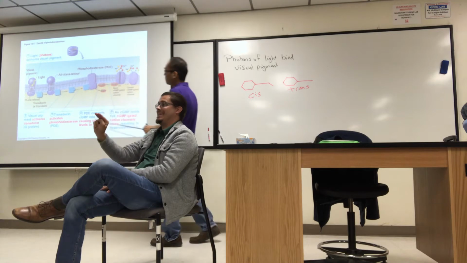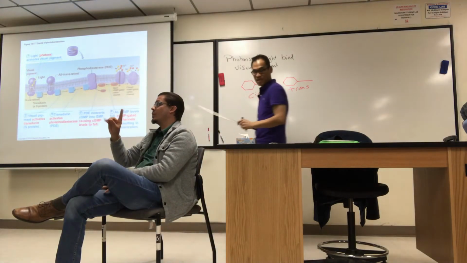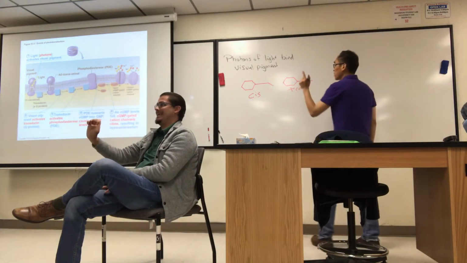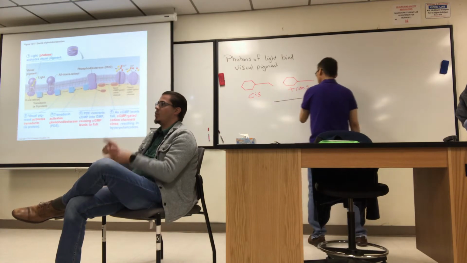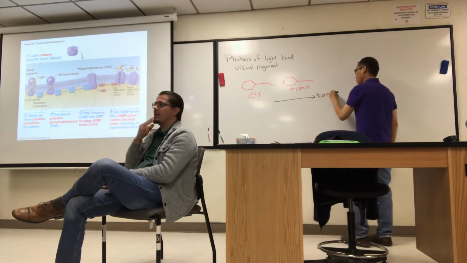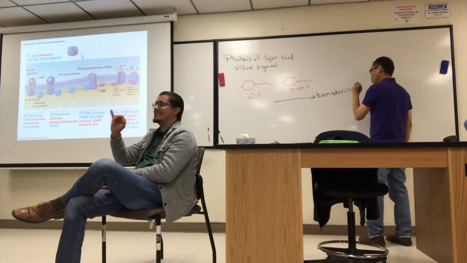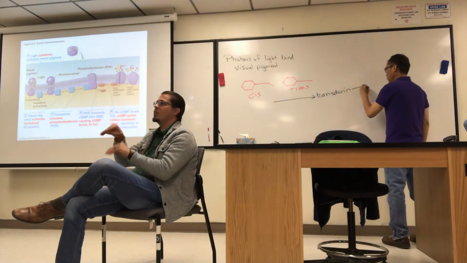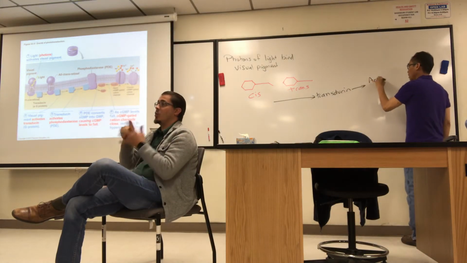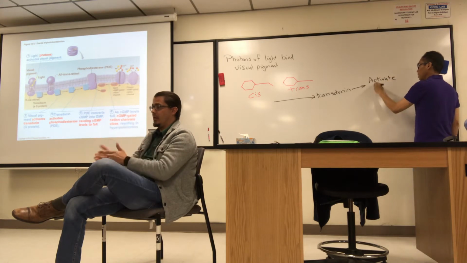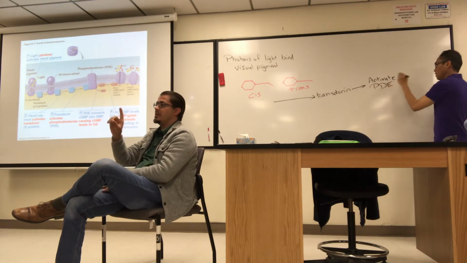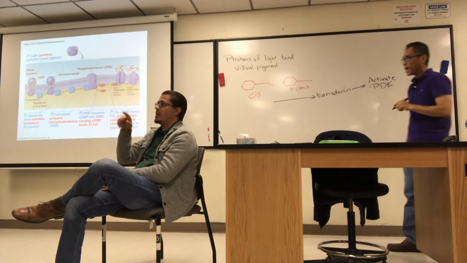Transducin will activate a phosphodiesterase PDE. So the next step, boom, you activate the visual pigment, you get transducin. That moves, G protein. It moves to activate PDE, a phosphodiesterase. And look what that does when it's active.